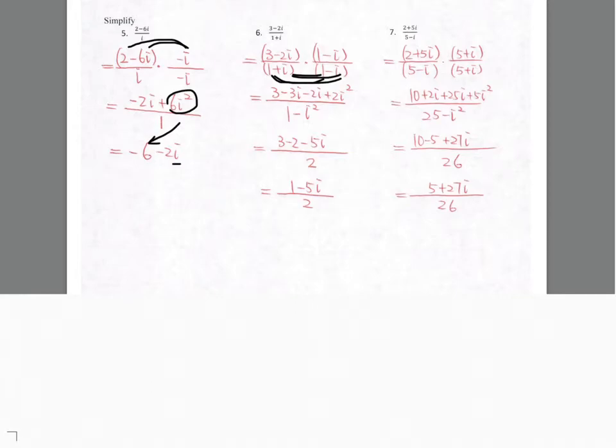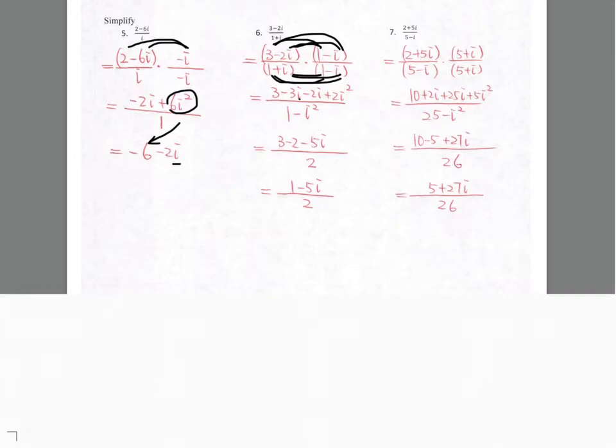How about your top? For the top, I have 3 times 1, so that's 3. 3 times negative i, that's negative 3i. Negative 2i times 1, that's negative 2i. Negative 2i times negative i, that's positive 2i squared. And then we're going to simplify. Don't forget, i squared is negative 1. So the denominator, 1 minus negative 1, becomes positive 2.